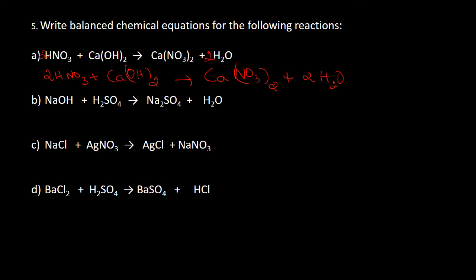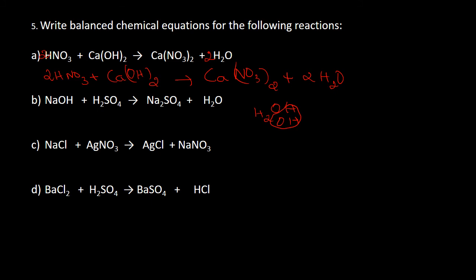Let us write OH and OH, that makes 1 H2O, and the 2H we got from HNO3 make one more water molecule, so 2 water molecules, and the nitrate ions. Now it is balanced.